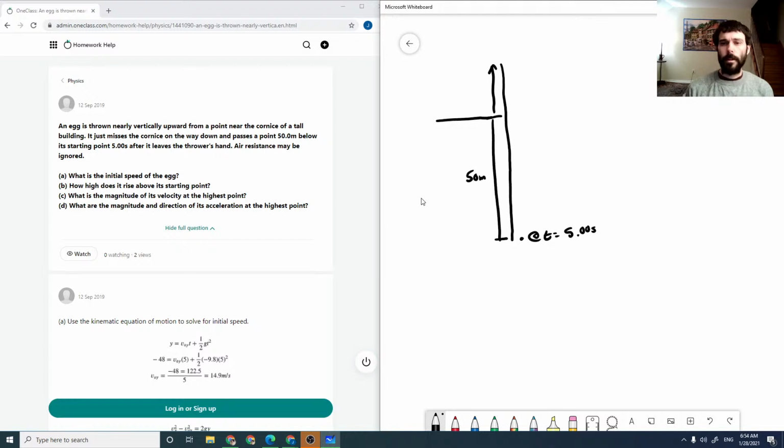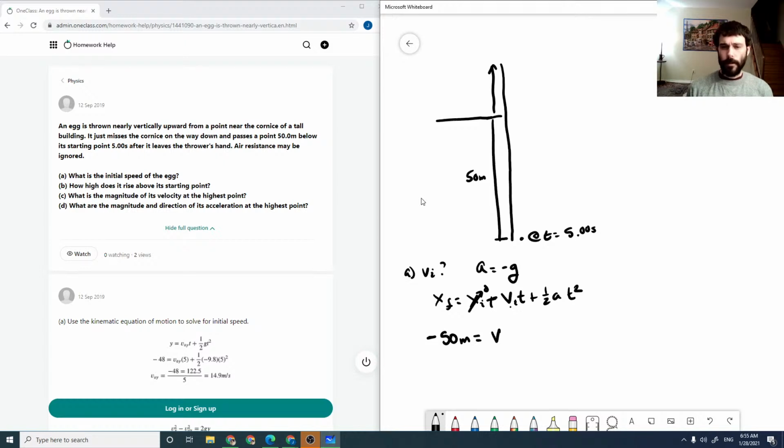So the egg is initially thrown upwards with some velocity. So we're looking for its initial speed for A. So our acceleration is minus g in all cases. So we can use xf is xi plus vi t plus 1/2 a t squared. Our initial velocity is what we're solving for. We'll call xi 0. In this case, xf is minus 50 meters.